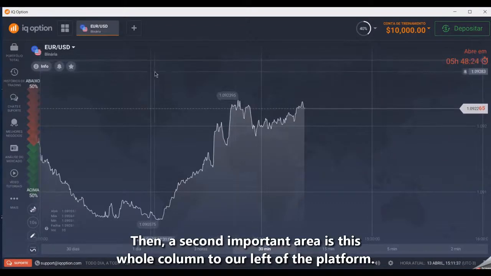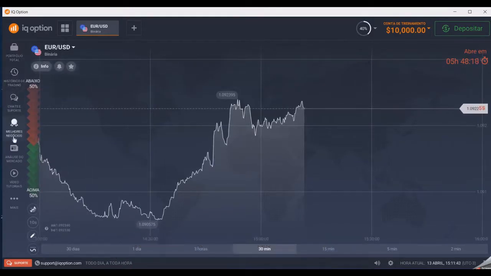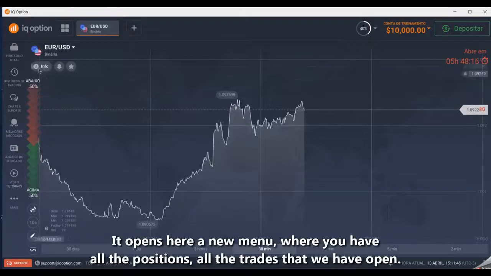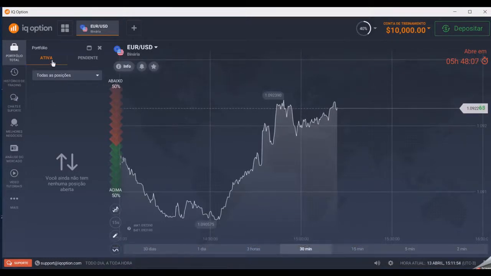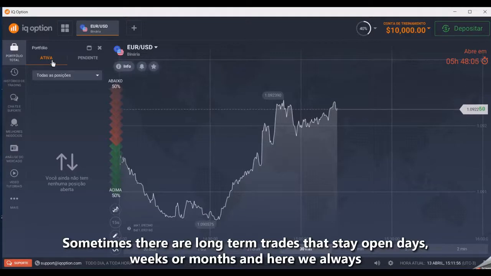Then a second important area is this whole column to the left of the platform. And it opens here, as you can see, a new menu where you have all the positions, all the trades that we have open. Sometimes there are long-term trades that stay open for days or weeks or months.